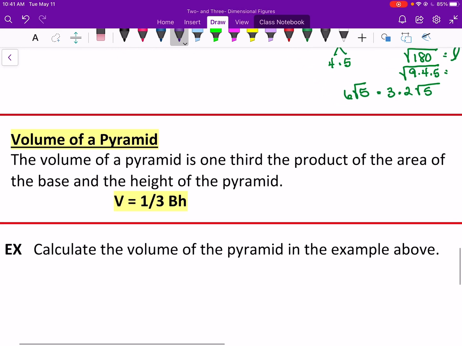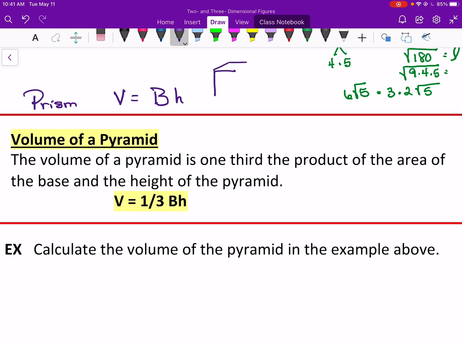And this is a pretty simple formula. If we take the formula for a prism for volume, it's area of the base times the height, no matter what that prism would be.